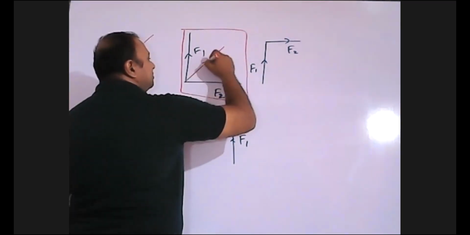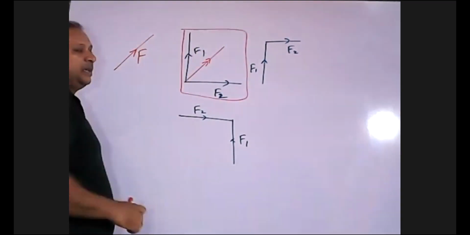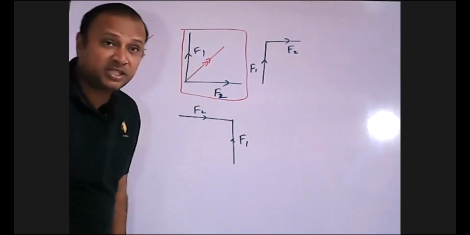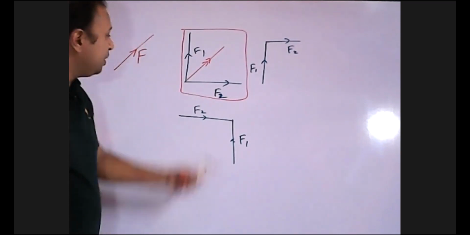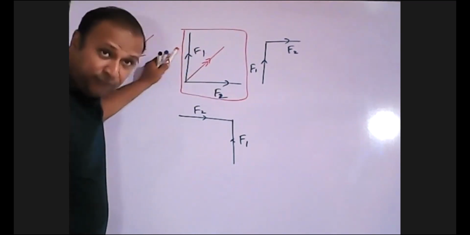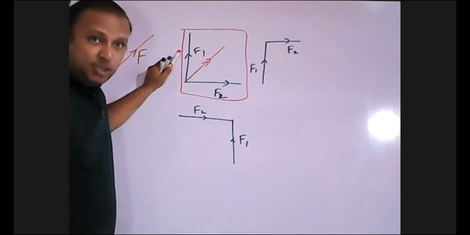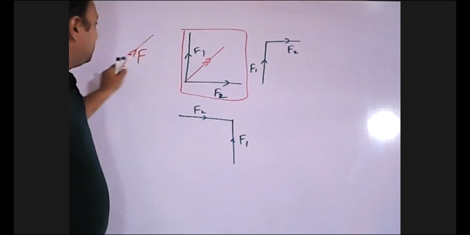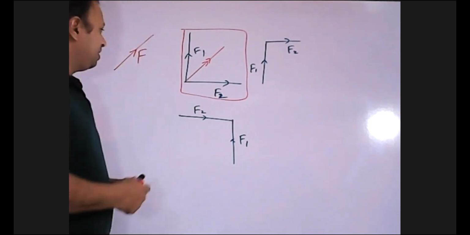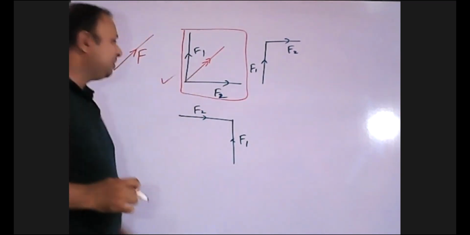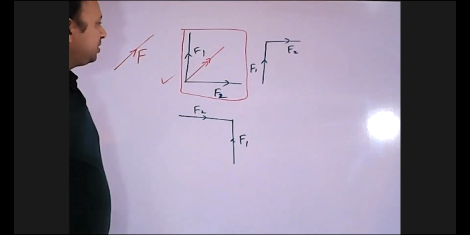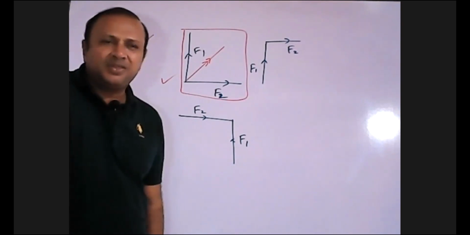Therefore, it might go in the direction of F. So if we add these two vectors F2 and F1, we can assume we can get a force like F. So definitely option number 1 is correct. What about option number 2 and option number 3?